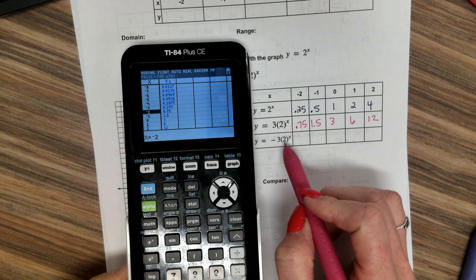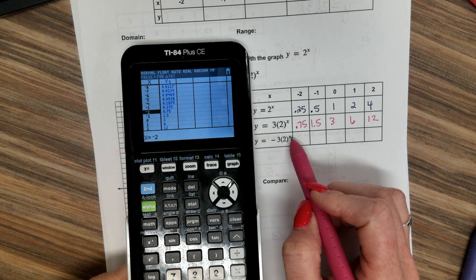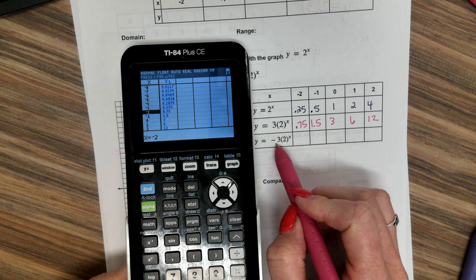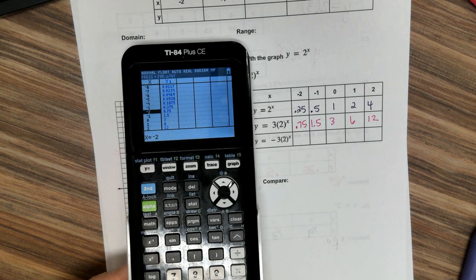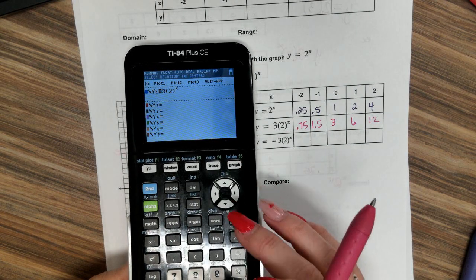What does it have in common? The 2 to the x power. But its starting amount was -3. So let's go put that in.